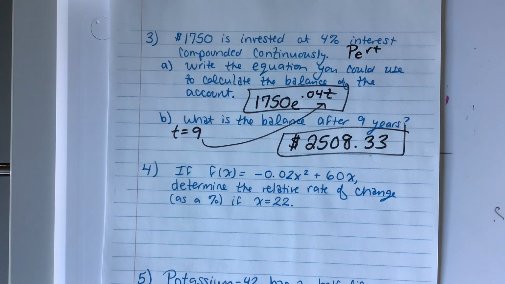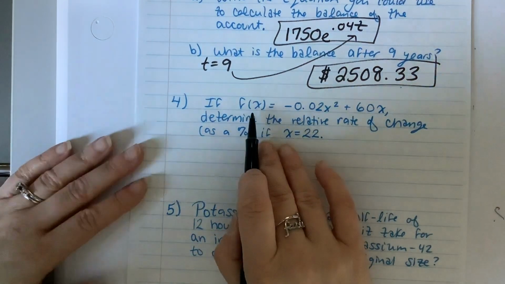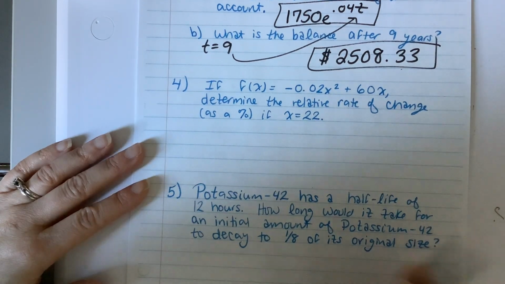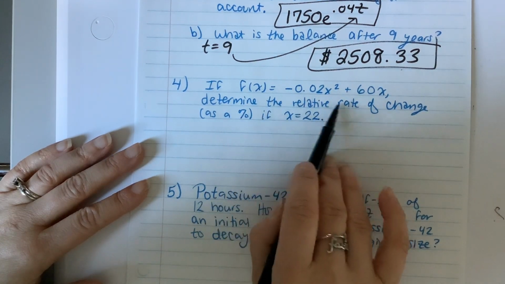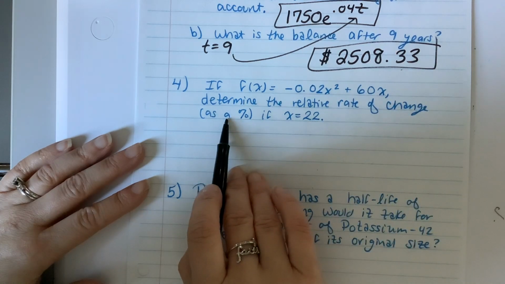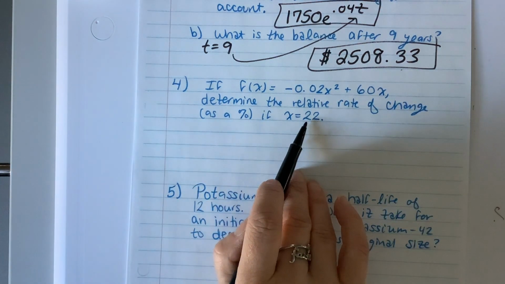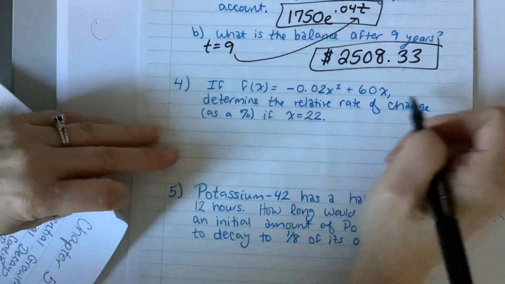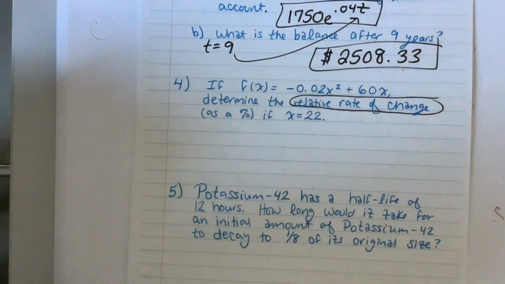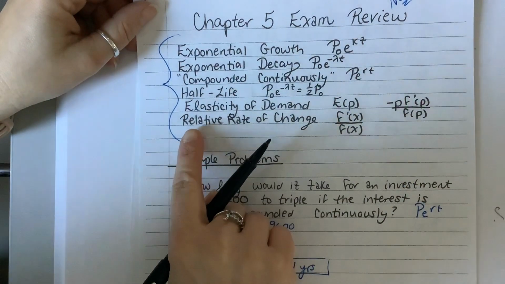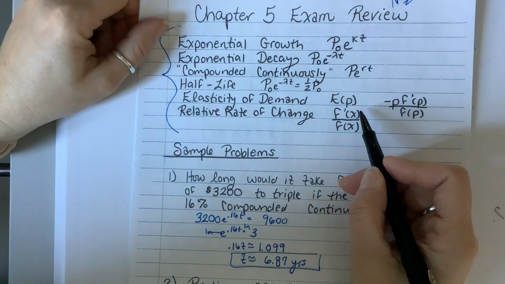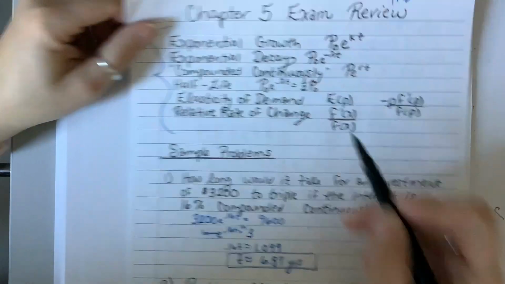Okay, next. If f of x is negative 0.02x squared plus 60x, determine the relative rate of change as a percentage if x is 22. Now again, the first page will be available to you during the test. So if you're like, I don't know, the key word here is relative rate of change. You take the derivative of the function and place it over the original.